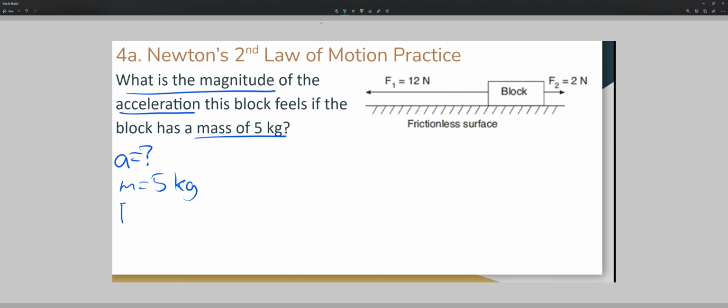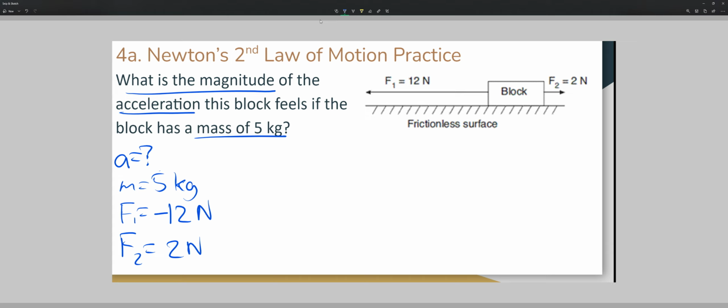You have two forces here. You know that force 1 is 12 newtons, and you know that force 2 is 2 newtons. Now, this force is acting to the left, which means that my force 1 should be negative 12 newtons.